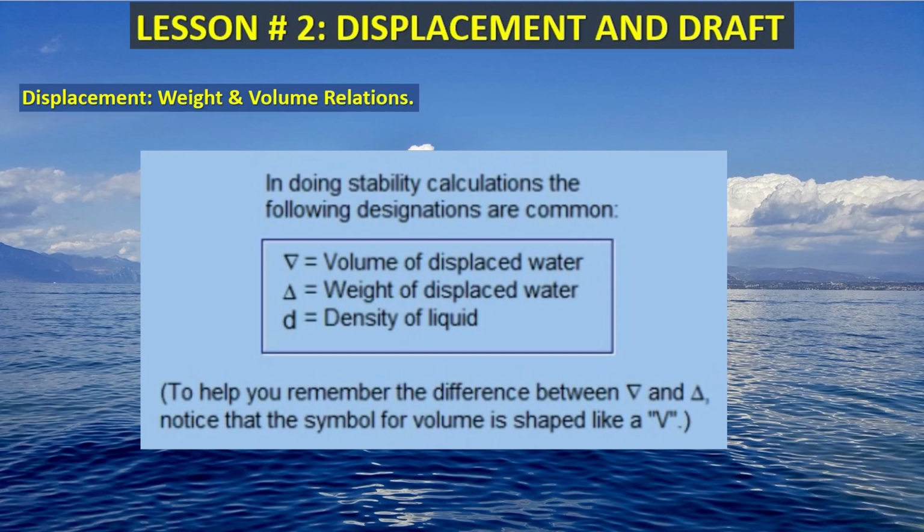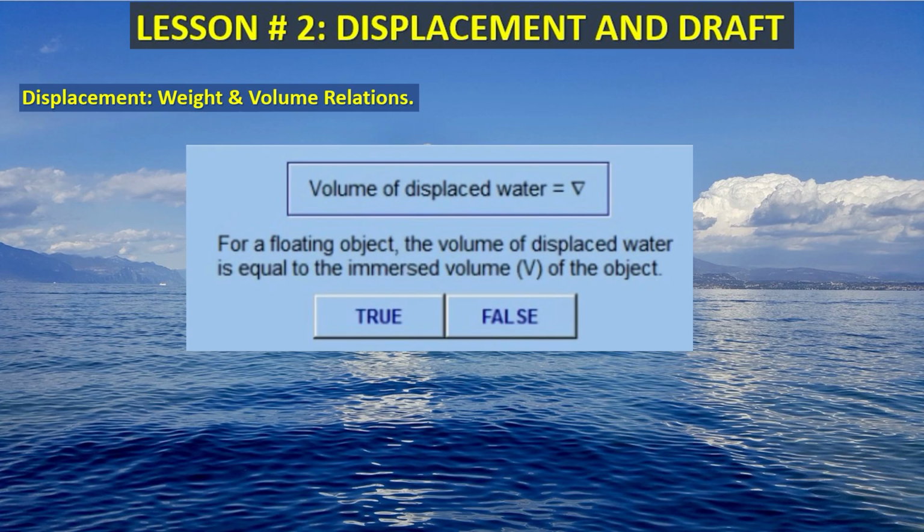In doing stability calculations, the following designations are common. To help you remember the difference between these two, notice that the symbol for volume is shaped like a V. For a floating object, the volume of displaced water is equal to the immersed volume, V, of the object.